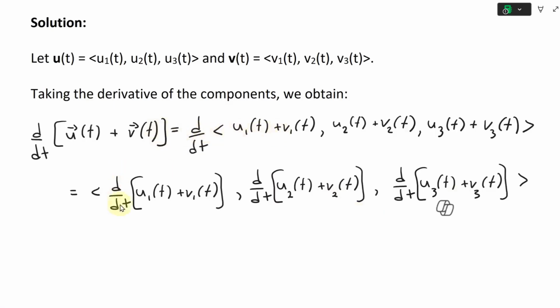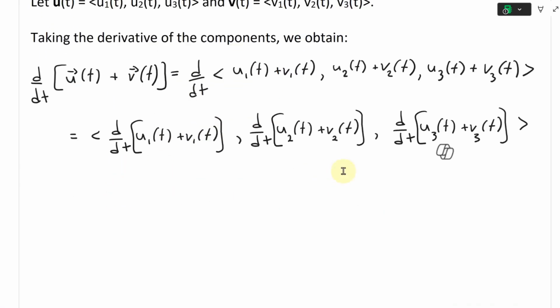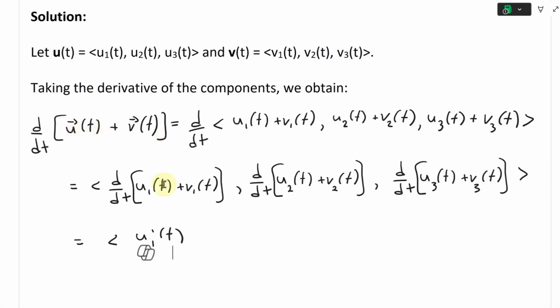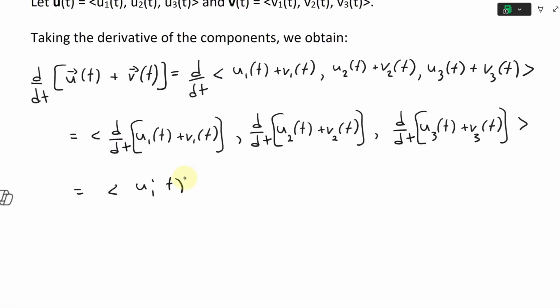Now that we put the derivative inside each one, we just take the derivatives. This is u1 prime of t plus v1 prime of t, because these are just real functions, not vector functions anymore, and we can use the basic properties of functions.